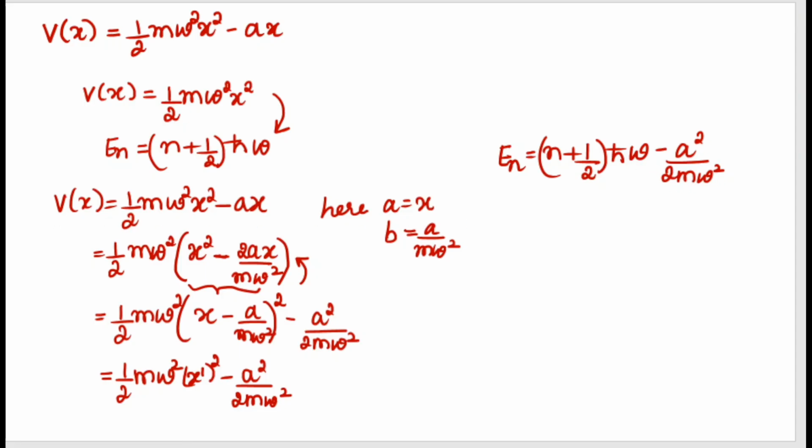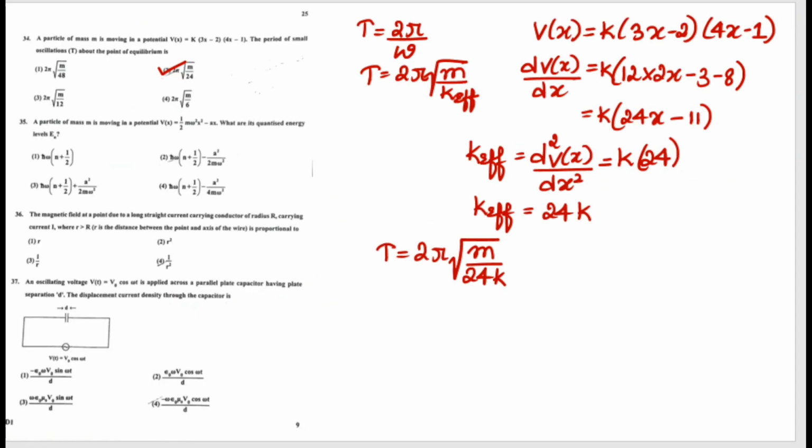I hope this question is clear for you people. So what are its quantized energy levels? From my solution, option 2 is the right answer. Yes, let us move on to the next question.